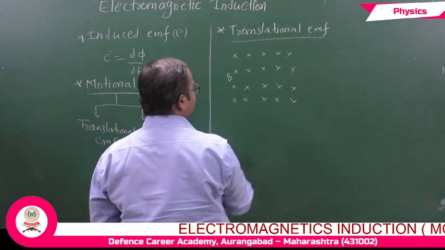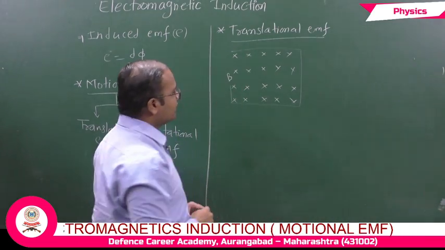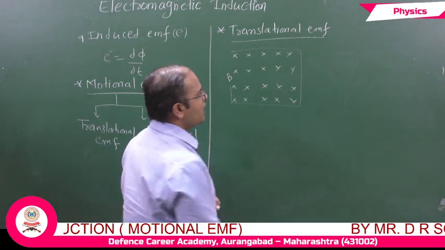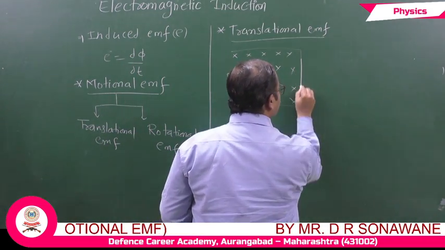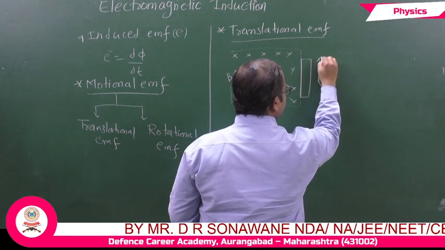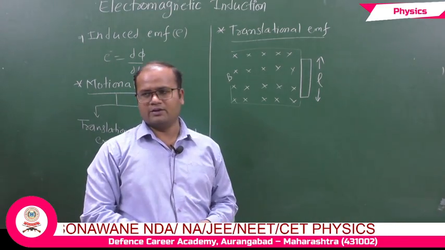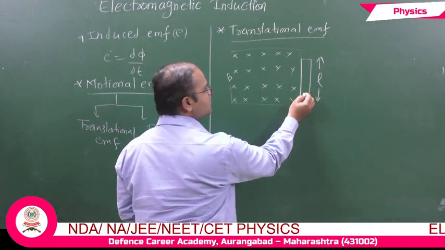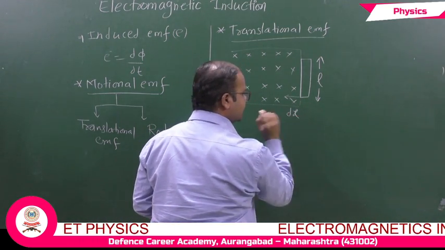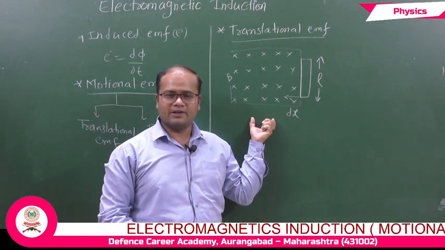Consider it as B. So if we consider a uniform magnetic field B placed here, and if we consider any conductor having length L is moved inside the uniform magnetic field. For example, if we move this conductor inside the magnetic field, that is equal to dx, a small displacement of this conductor inside the magnetic field.